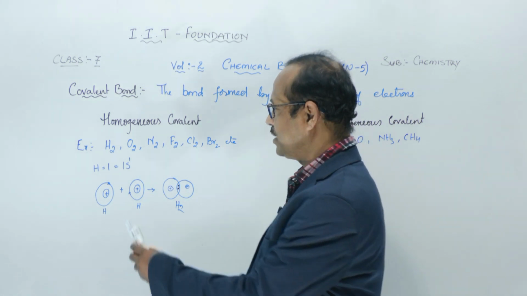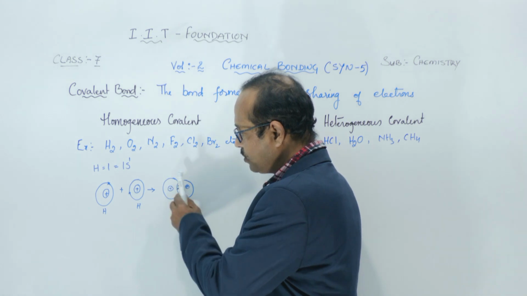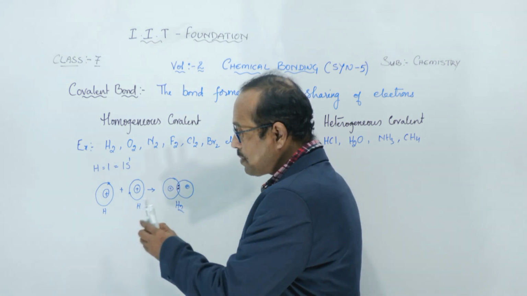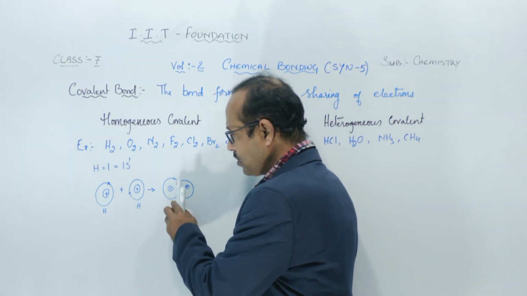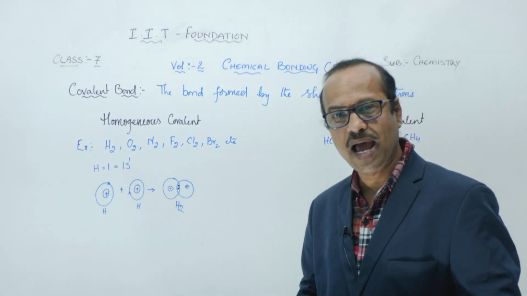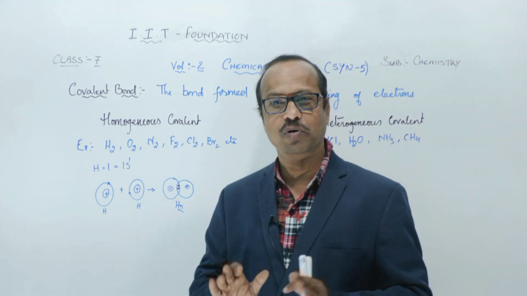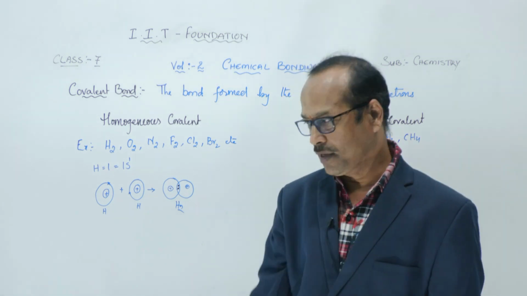So this hydrogen is combining with another hydrogen, each providing one electron. The 2 electrons are shared by both the hydrogen atoms, and then the hydrogen molecule is formed. Clear?